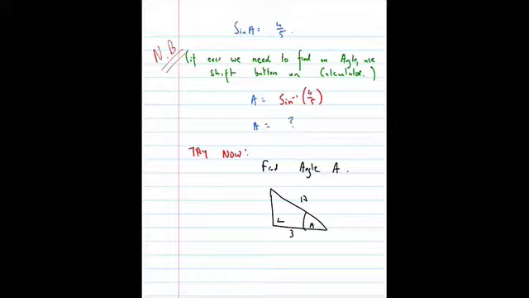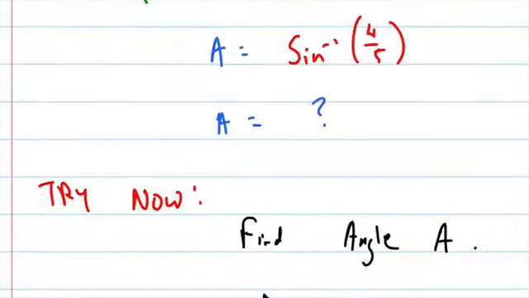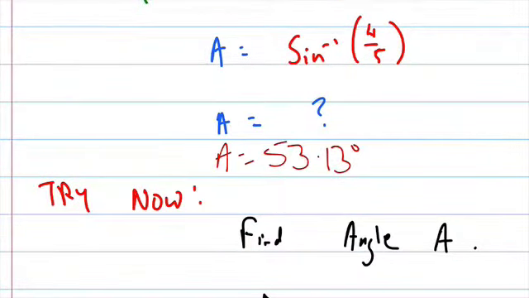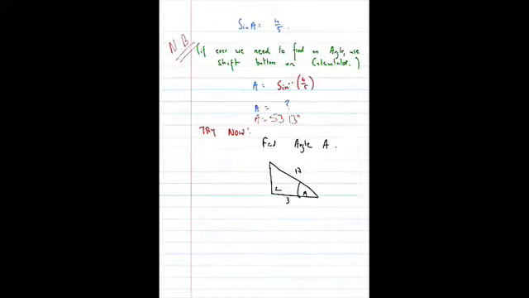Don't forget to close your brackets. That'll give me my angle: 53.13. So A is equal to 53.13 degrees.